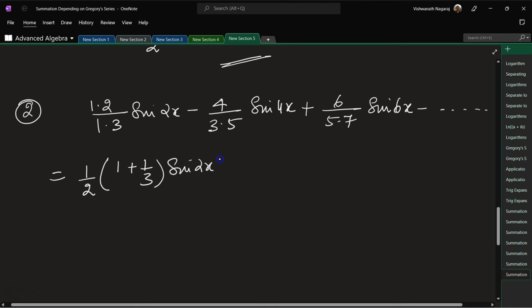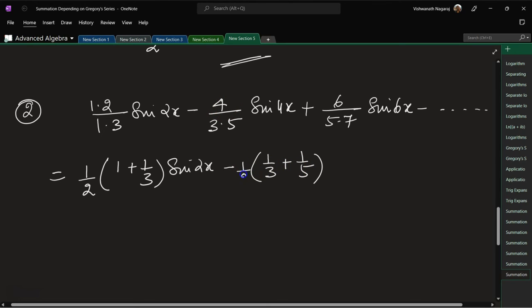Sine 2x. So basically what we are trying to do is split the coefficients into two fractions. Minus, now this can be written as 1 by 3 plus 1 by 5. What do we get if we do this? 5 times 3 is 15 in the denominator. In the numerator, we have 5 plus 3, 8, which is double of this.